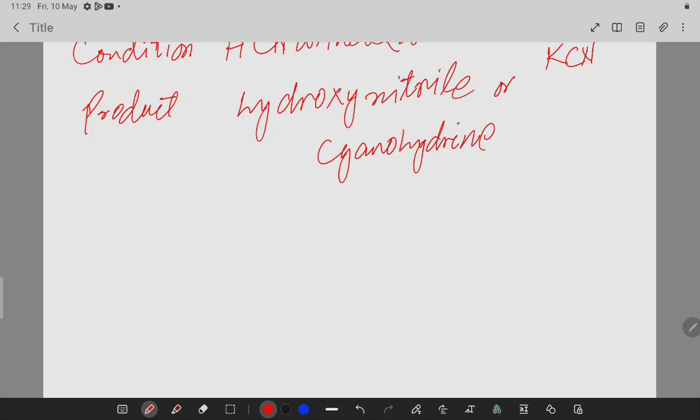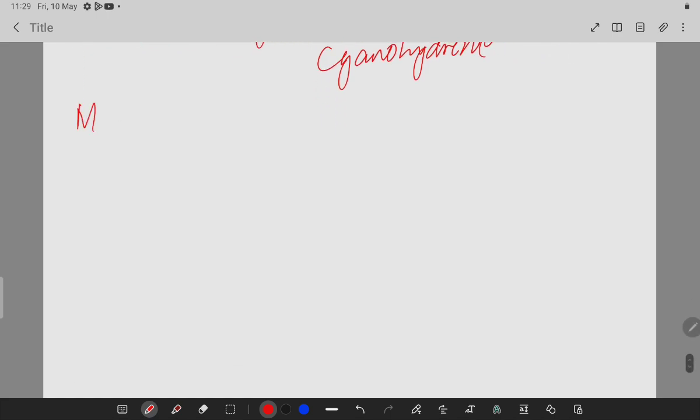Aldehydes are more susceptible to nucleophilic attack than ketones. Less hindered carbonyl compounds are more reactive. If the product has a chiral carbon, it exhibits optical isomers. So this is the mechanism.